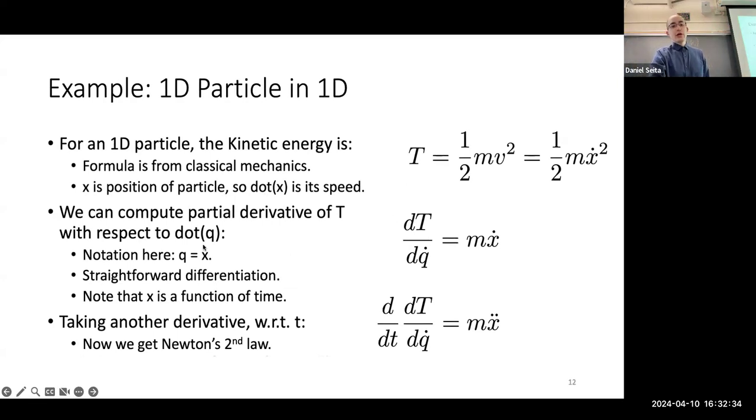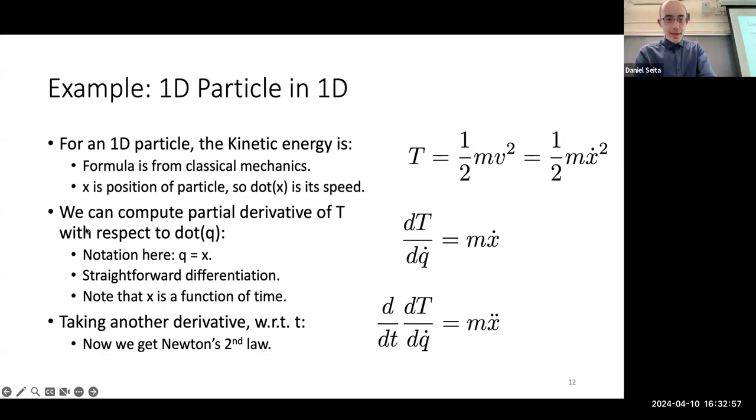And here the generalized coordinate is something straightforward. Because it's a 1D particle in 1D, you only have the x coordinate, okay? We're going to make x equal q, and then we only have one generalized coordinate here. It cannot be any simpler than this.